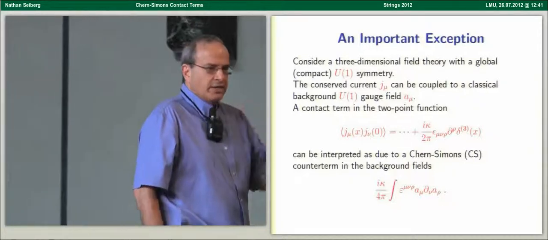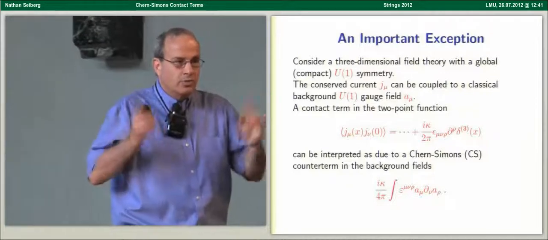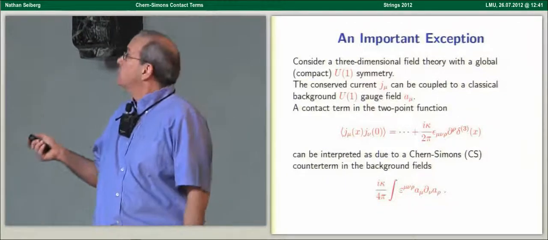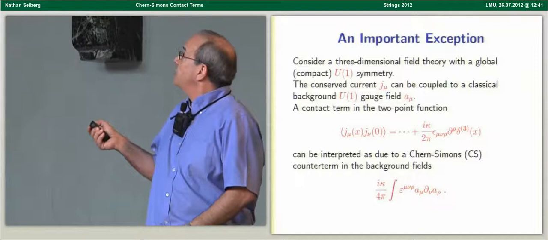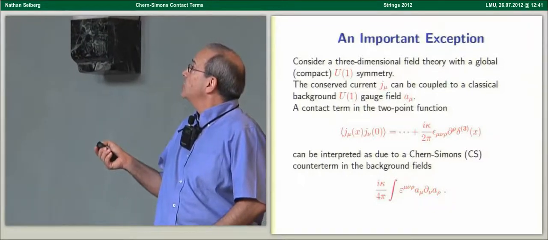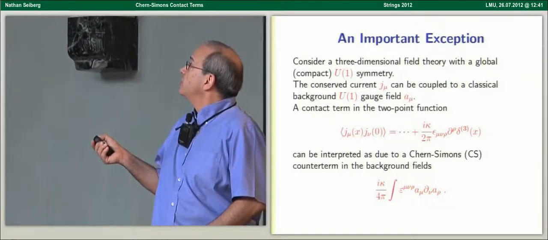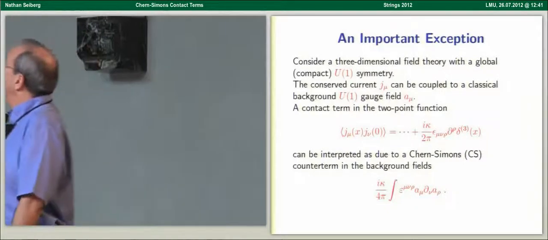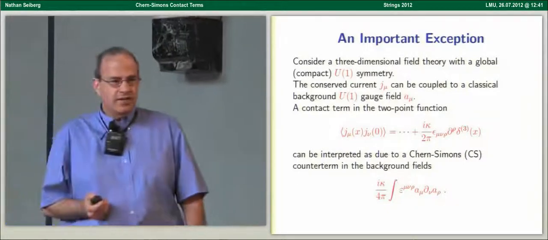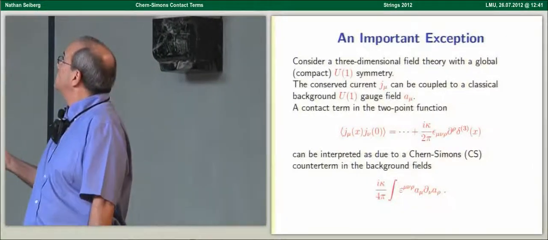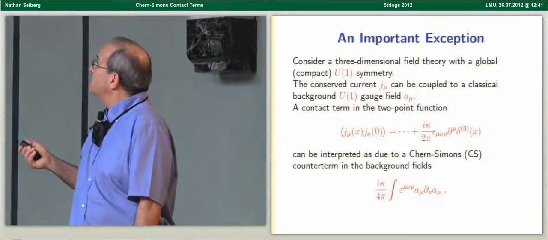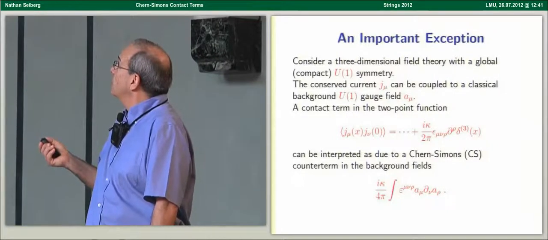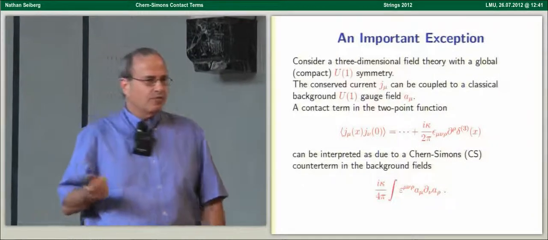So we have a U(1) global symmetry. We have currents, and the conserved currents can have such a contact term. Notice that this contact term is a derivative of a delta function, so it's really very localized. It has a coefficient with 2π for convenience. And I'd like to emphasize that even if the theory is conformal, this term is still invariant under conformal symmetry.